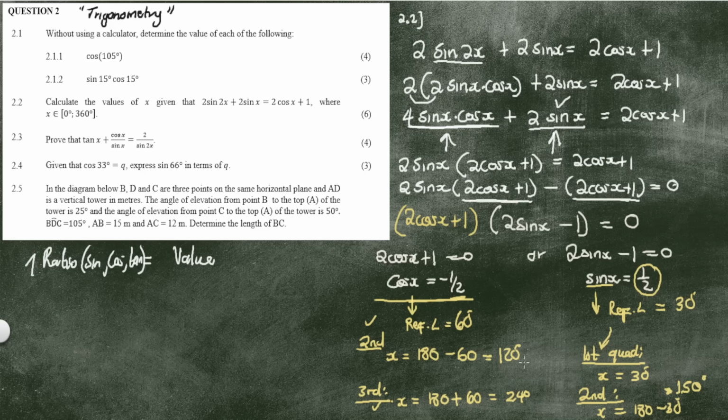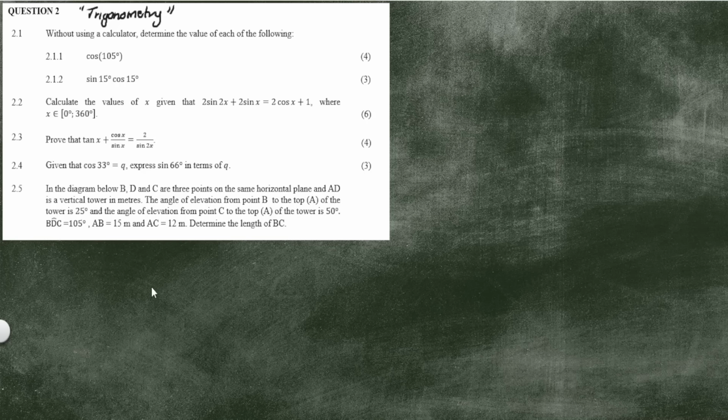So I have my first solution as 120, next one 240, another one 30, another one 150. So these are my solutions for that equation, and the solutions are between 0 degrees and 360. Okay, so these are the solutions for that equation.